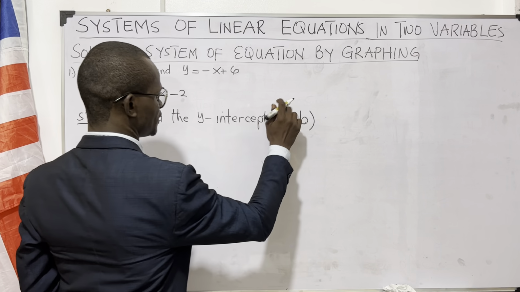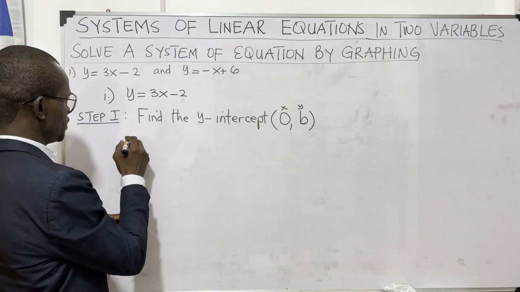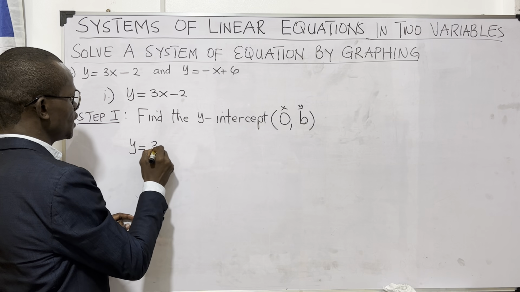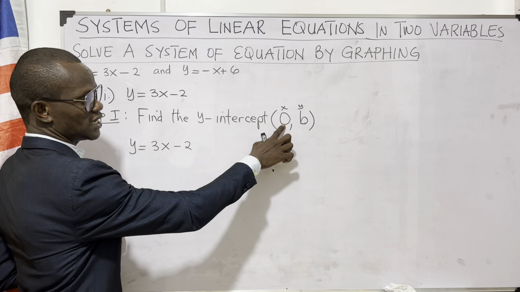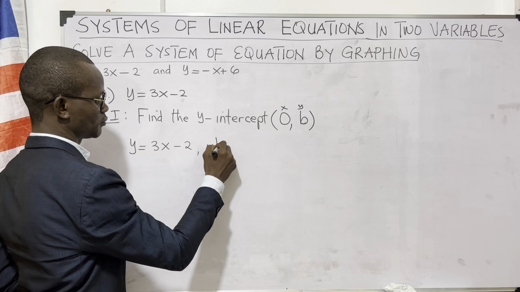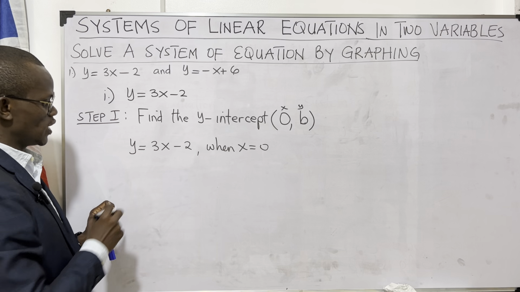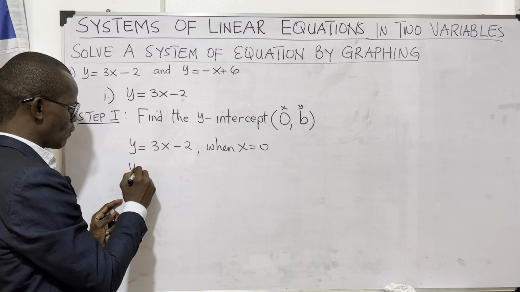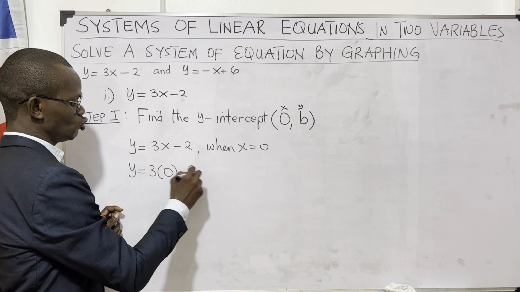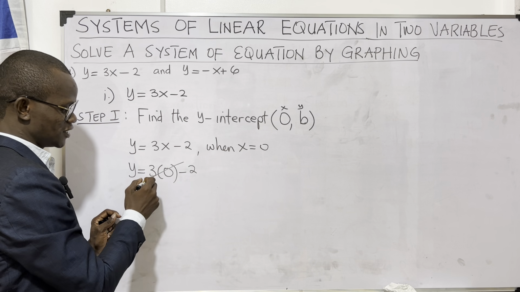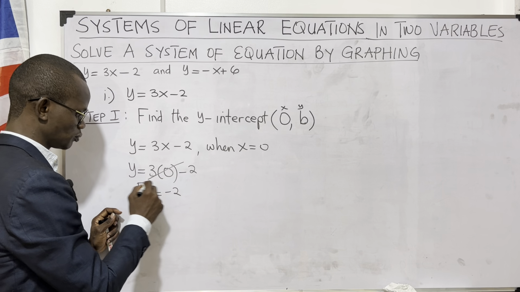Remember that this is your x-axis and this is your y-axis. So let's find the y-intercept. We take the equation y equals 3x minus 2. When x equals 0, we replace x with 0, so we have y equals 3 times 0 minus 2. 3 times 0 is just 0, so y is equal to minus 2.